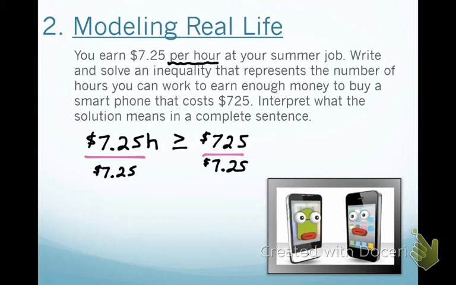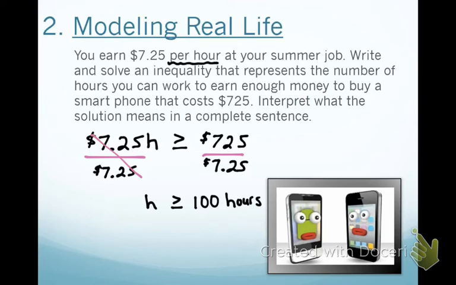On the left side, we know that these two are going to cancel each other out, and I'm left with H is greater than or equal to. Put this in your calculator to figure out what the answer is. What's the answer, guys? 100 what? Not dollars. Hours. Remember that H is standing for hours. Now it asked us to interpret. What does this mean?